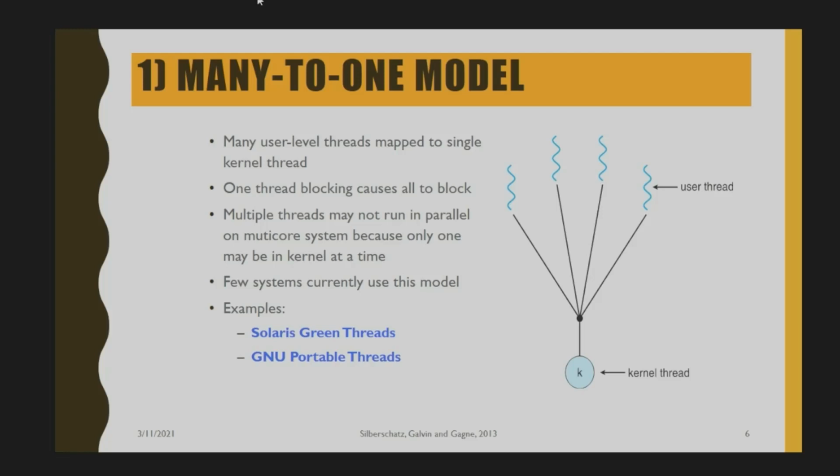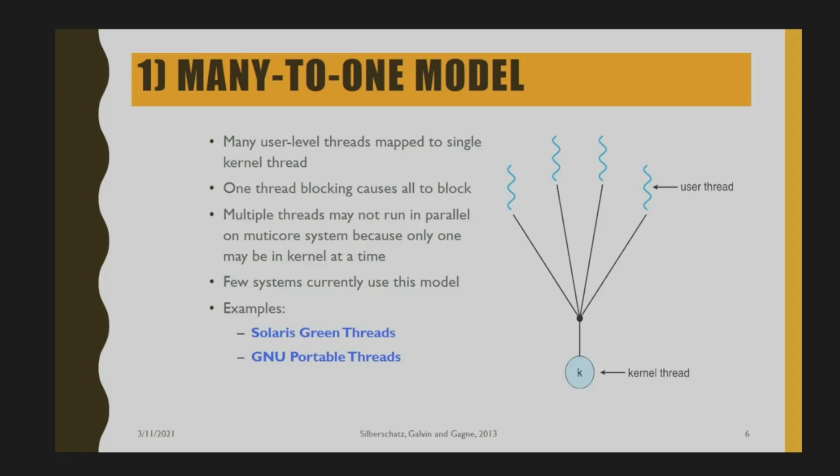So let's look at the many to one model. It looks like this. We have multiple user threads, 1, 2, 3, 4 in this example, and they have a relationship with one kernel thread. So we call it many to one. Many user level threads map to a single kernel thread. One thread blocking causes all to block, and multiple threads may not run in parallel on a multi-core system, because only one may be in the kernel at a time.